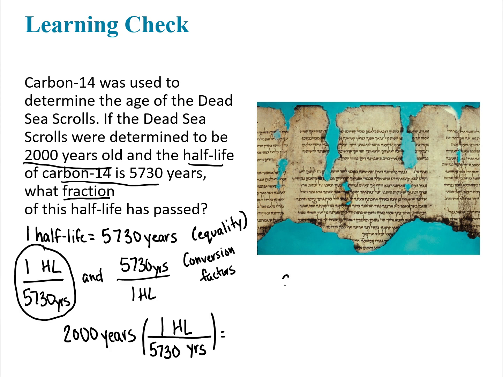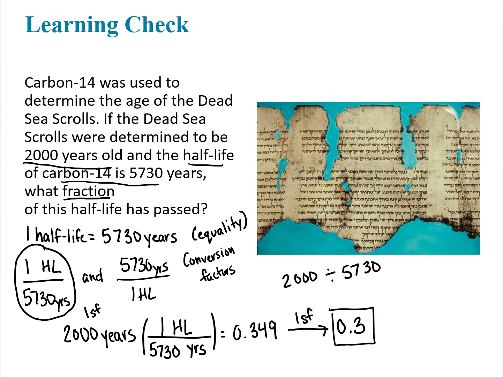When you do this in your calculator, you're doing 2,000 divided by 5,730. You'll get a decimal. So that is the amount of time. Now, if we're doing sig figs, there's only one sig fig in 2,000 years. So our fraction would be 0.3. And that's it.